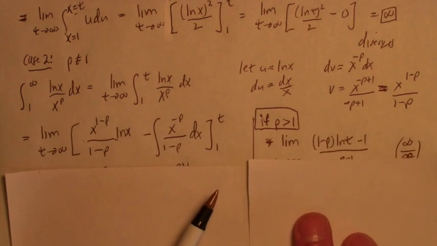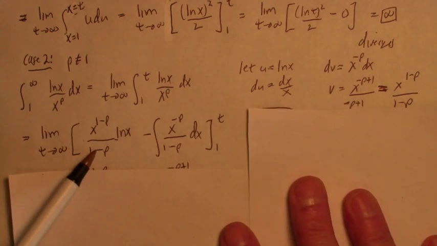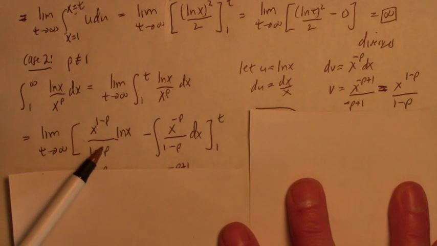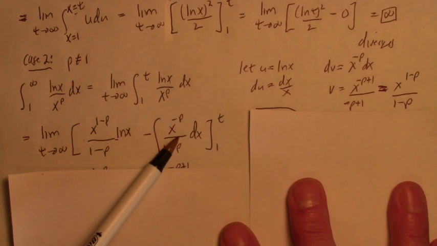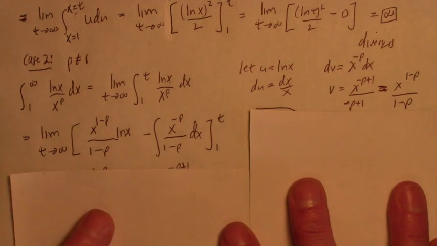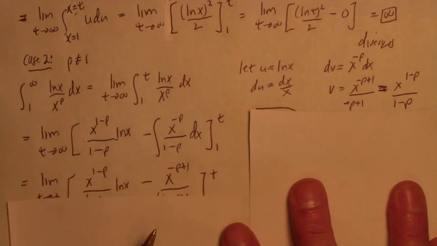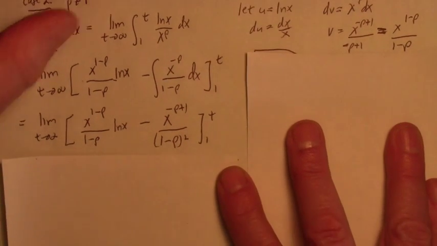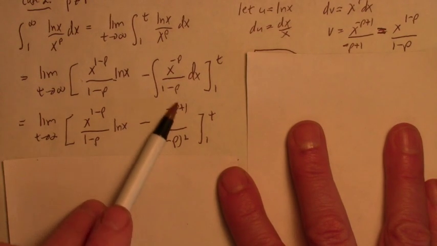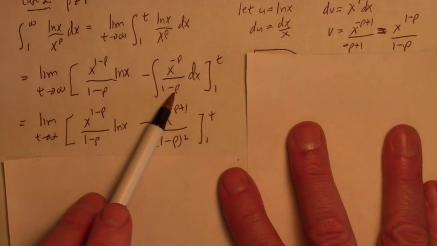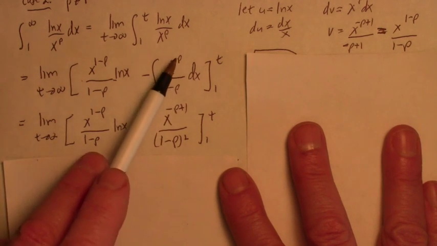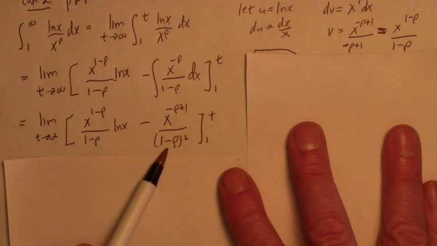So you get uv minus the integral of v du. We can integrate this now without using integration by parts again. The 1 over p factors out, and you get x to the negative p plus 1 over negative p plus 1. But you already have a 1 minus p on the bottom, and negative p plus 1 is 1 minus p, so you pick up another factor of 1 minus p there.